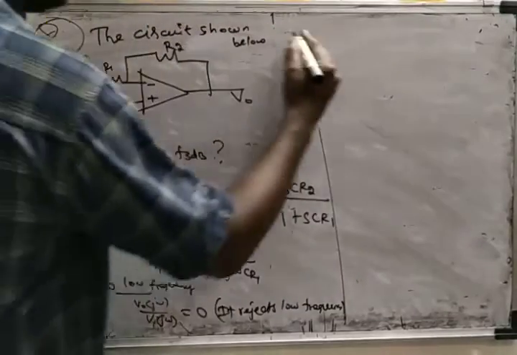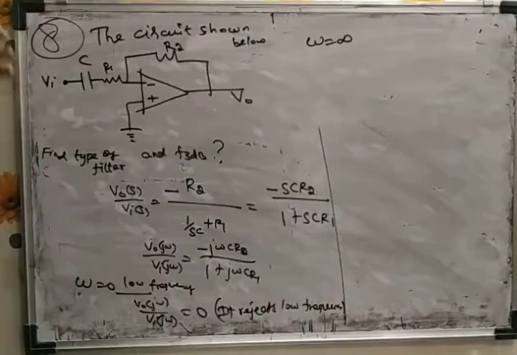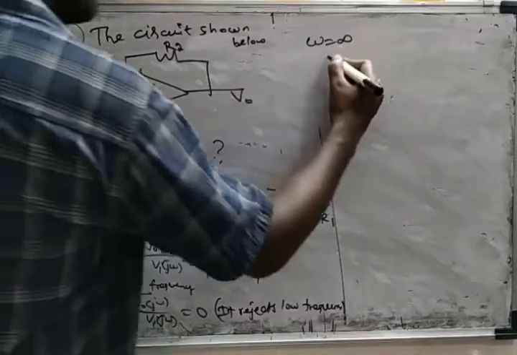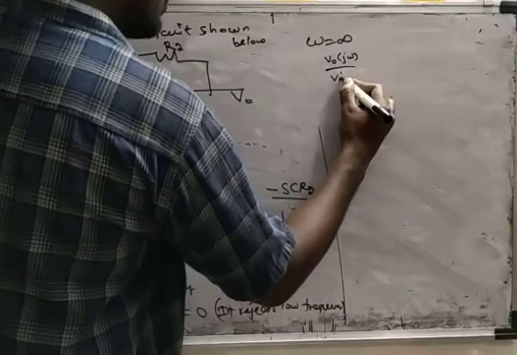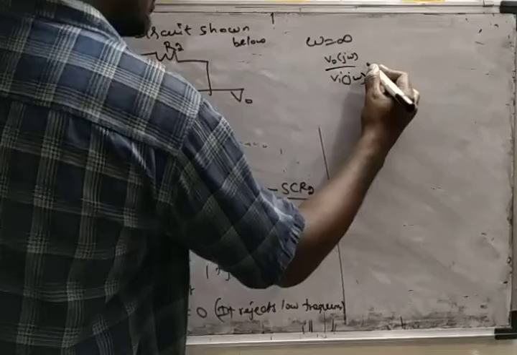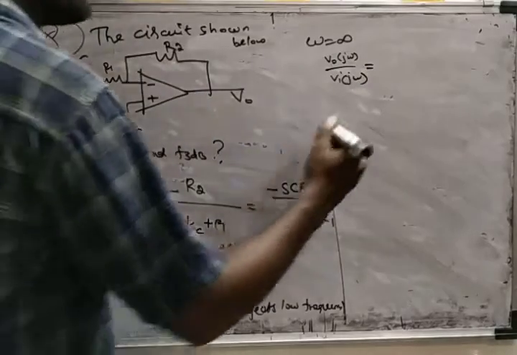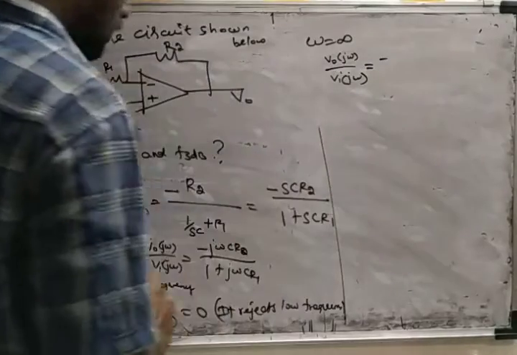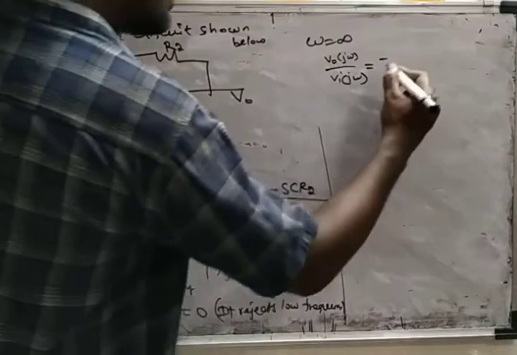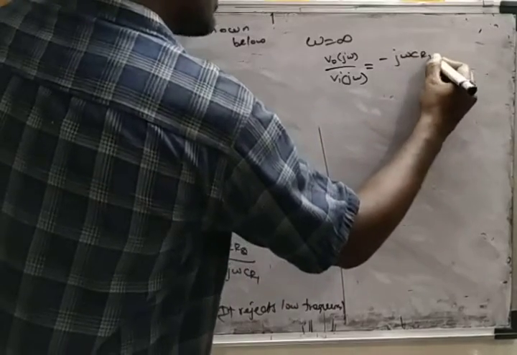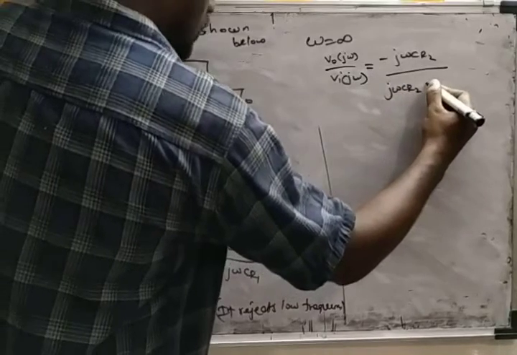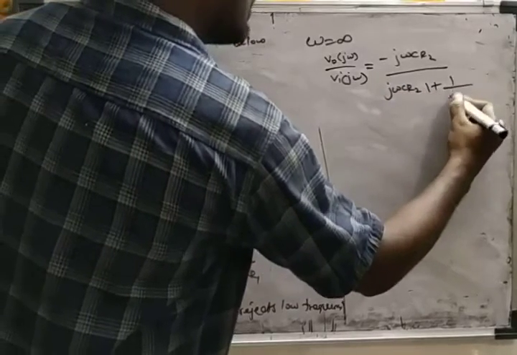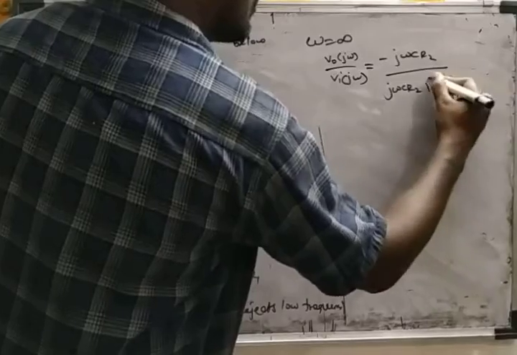If omega is equal to infinity, V0 of j omega by Va of j omega is equal to minus j omega C R2 divided by j omega C R1 times (1 plus 1 by j omega C R1).